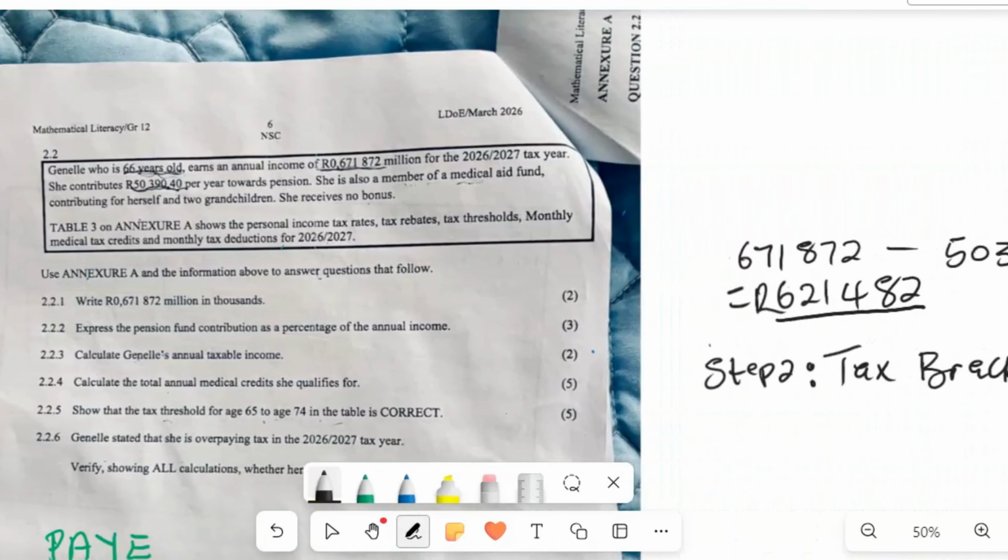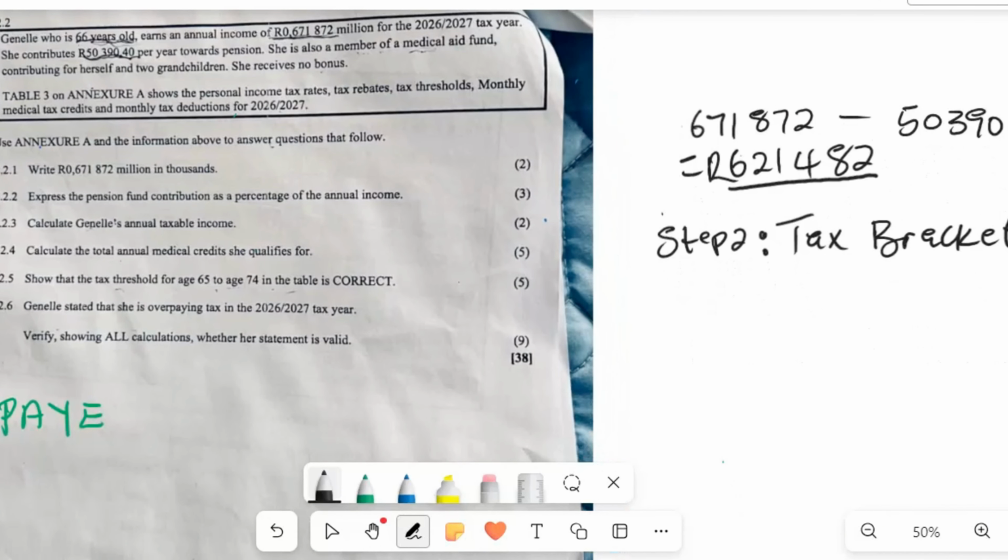That's where it falls. So that's the tax bracket. I forgot to write rands here. 695,800.